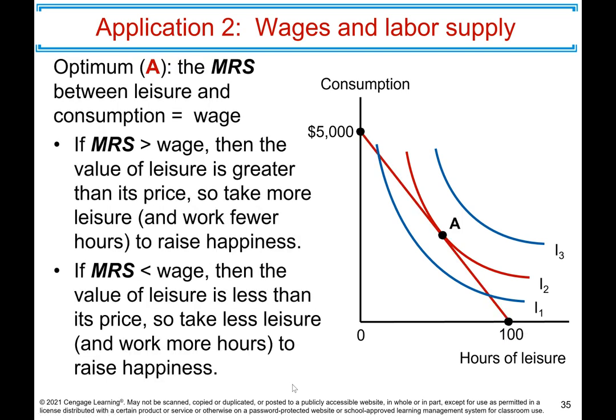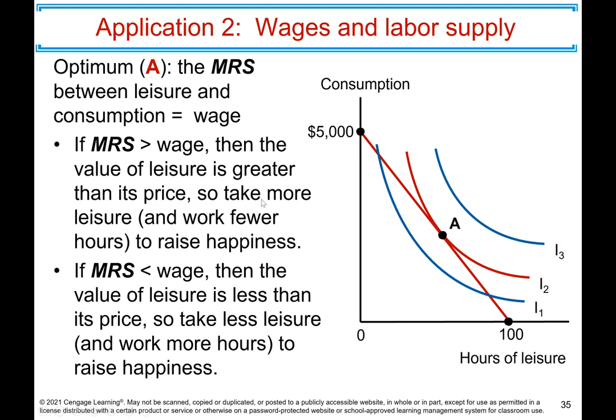Wages and labor supply. The optimum is at point A on the graph. The marginal rate of substitution between leisure and consumption is equal to the wage rate. If the marginal rate of substitution is greater than the wage rate, then the value of leisure is greater than its price.